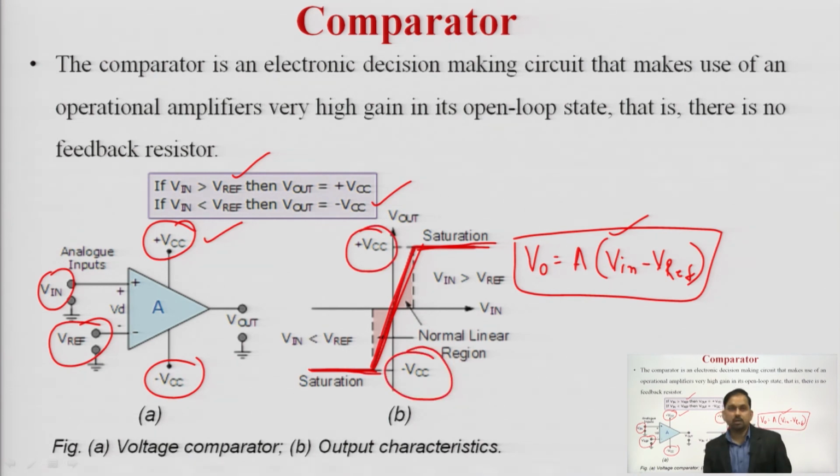This is the plot, the output characteristics for a comparator. After this comparator, these are the applications. Apart from that, we can add a diode in a feedback configuration, or we can add a diode on the input side. That will be the log or anti-log amplifier, which is beyond this course.